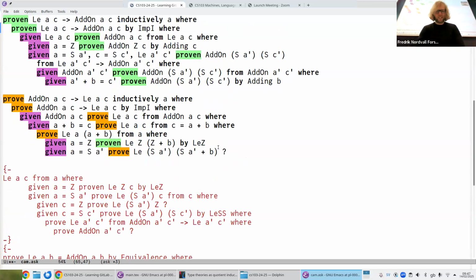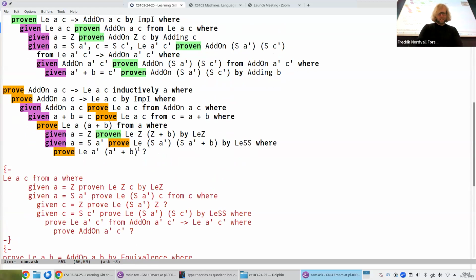And in this case, now I'm in a slightly better shape, right? Because I have a successor here and I have a successor here. So I should be able to say by this. And then here, I now have something smaller.